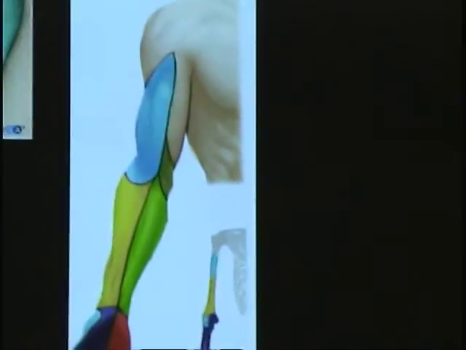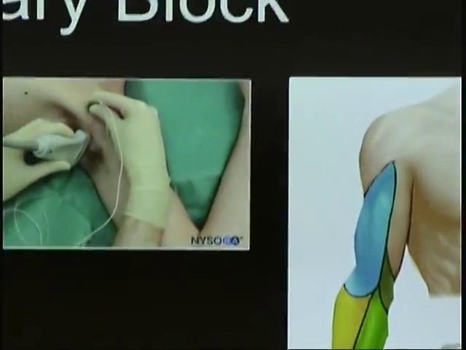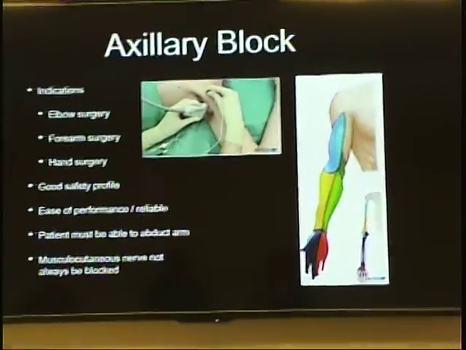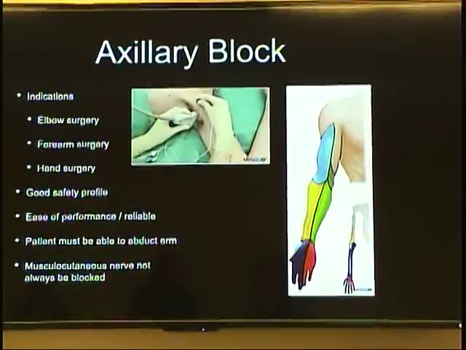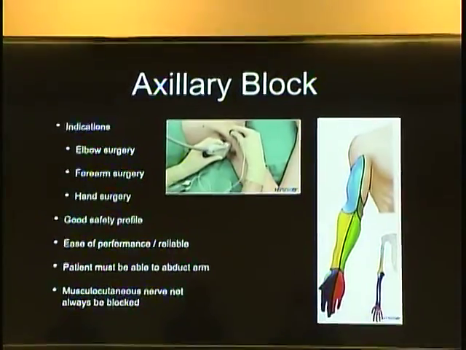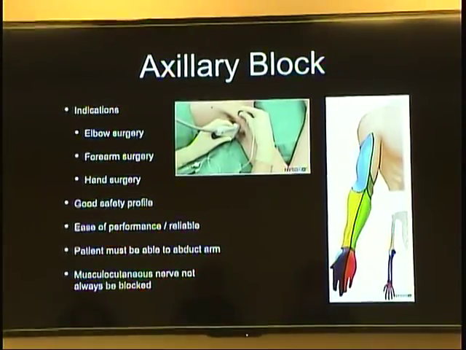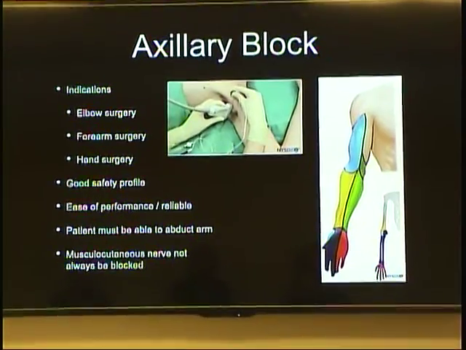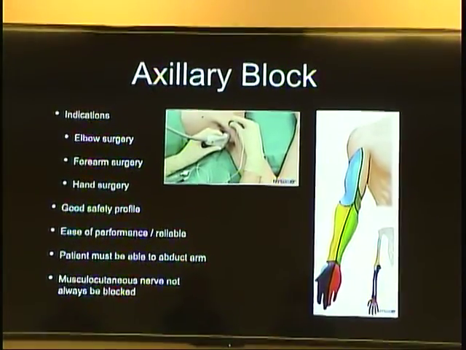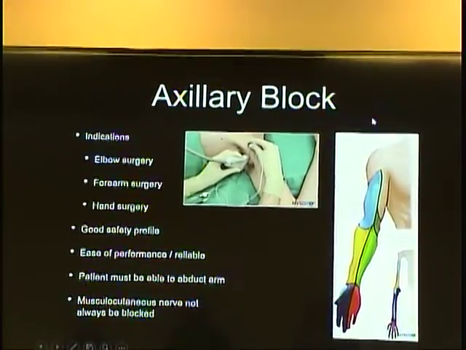This one I had a hard time wrapping my head around in residency when I was first learning about it, because even though it's called the axillary block because you're in the axilla, the axillary nerve is not involved at all. So if we write on the axillary block, there's no axillary nerve involved. But that's my hang-up, I guess.